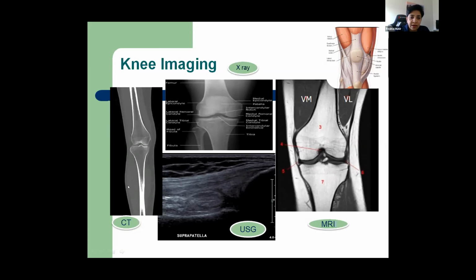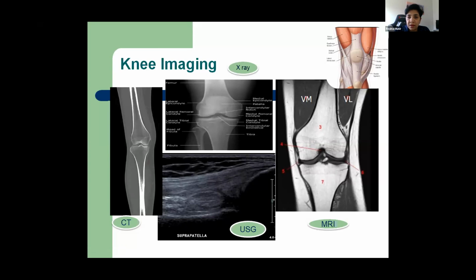This is the image which is taken with the CT. The CT shows your knee joint also very nicely and gives the entire details of both the internal and external anatomy. MRI is something we can call the gold standard for all kinds of imaging.